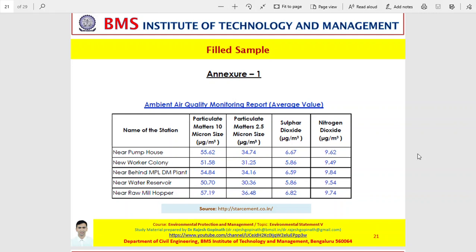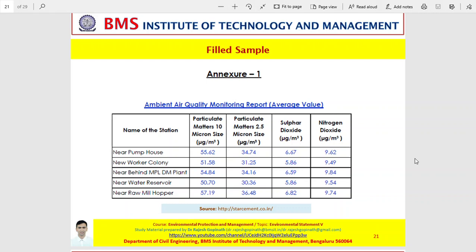Basically, annexure contains all the proof, all the supporting documents for all the entries which have been made from part A to part I. And these documents, when submitted to the Pollution Control Board, the State Pollution Control Board, would obviously be verified, not just on the basis of the first 4 pages, but based on the supporting documents along with it. So here you can see in Annexure 1, they have provided proof, they have provided information with respect to the air quality standards around the industry.